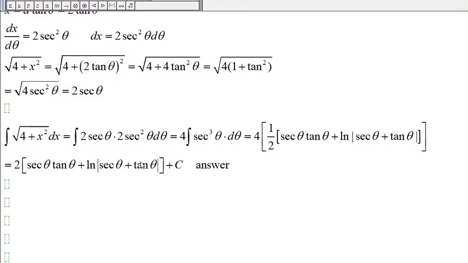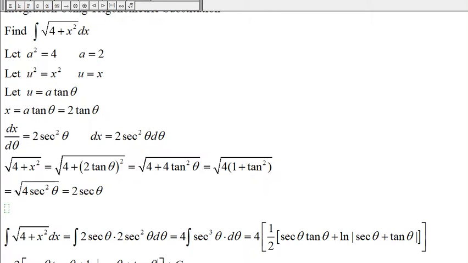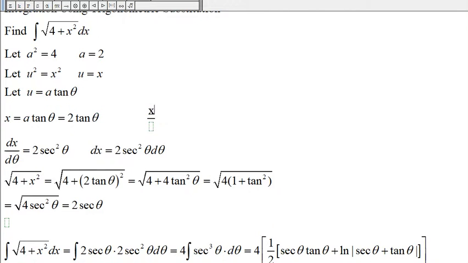And then we have to rewrite this in terms of x. To do so, we'll go back right here. We have x equal to 2 tangent of theta, and so dividing both sides by 2, we get x over 2 is equal to tangent of theta. Recall that by definition, tangent is opposite over adjacent.